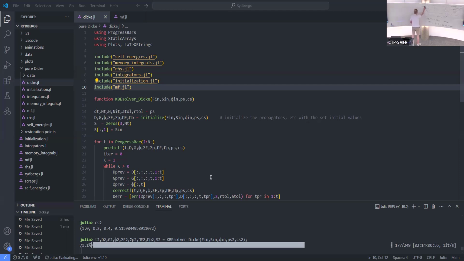You can parameterize using Euler angles, so say cosine beta, sine phi, sine beta cosine phi, and so on.